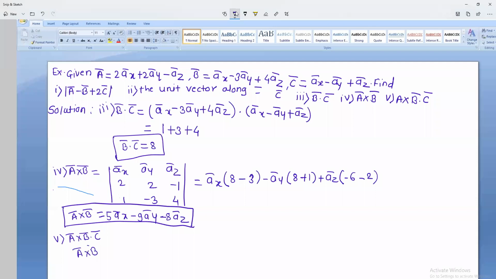So a bar cross b bar is equal to, sorry, it is already solved.